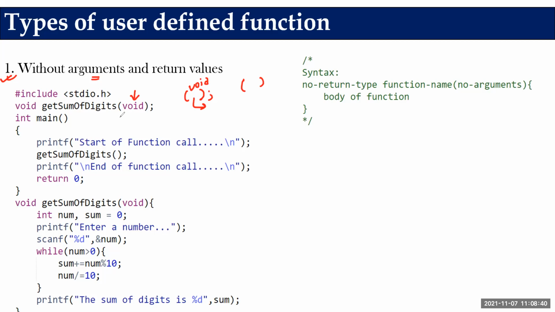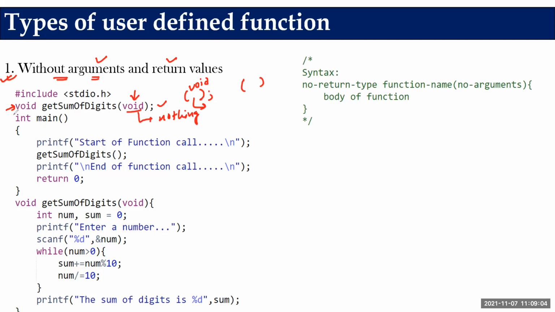If you want to declare a function without any argument, one that doesn't take any input, it is better to make it void. As the declaration, void means nothing. And if you do not want to return any value, so without any argument and without any return value, then make the return type void.